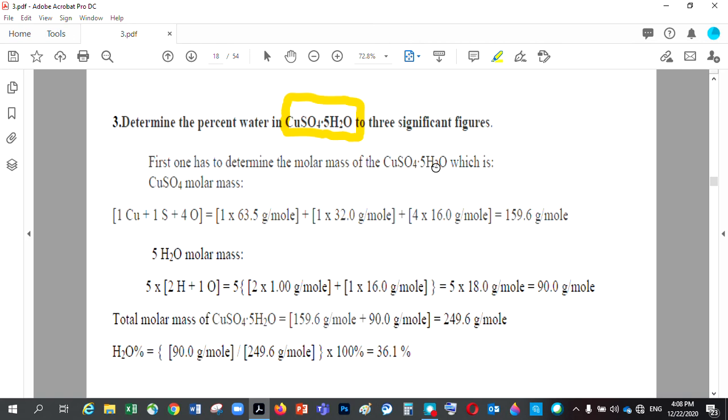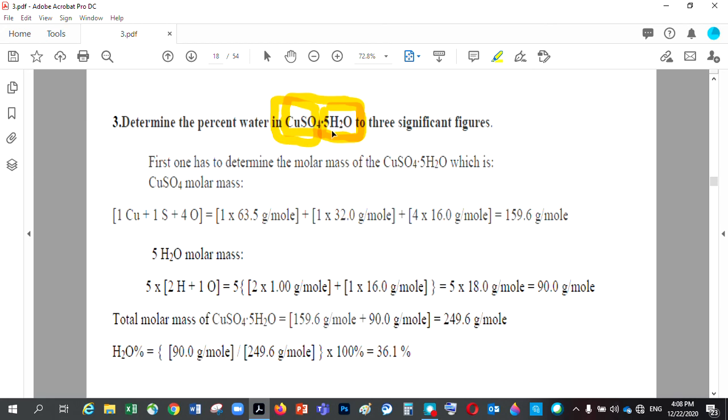Well, your intuition will tell you, you have to split this one here. Let's split this one here by itself. 5 H2O, what's the molar mass of H2O? It is 18.0 gram per mole. And then you have to calculate the molar mass of copper sulfate, correct?